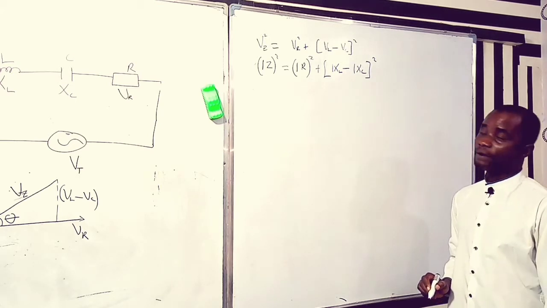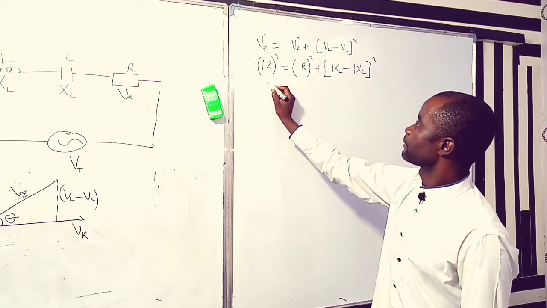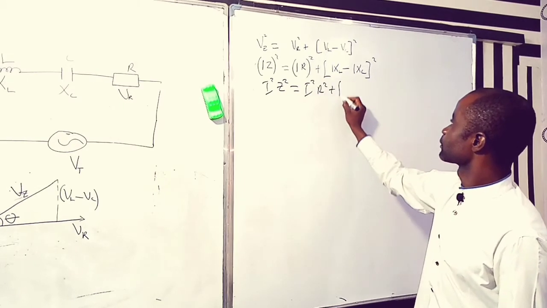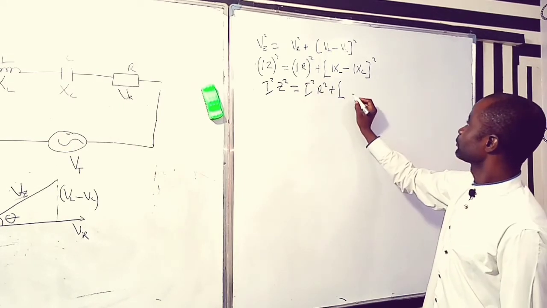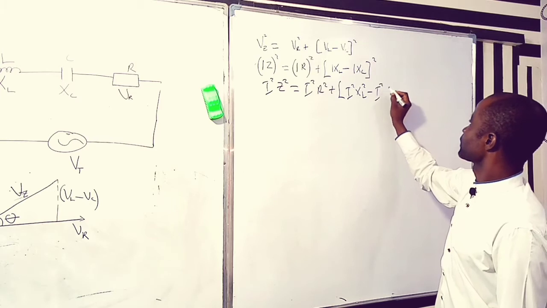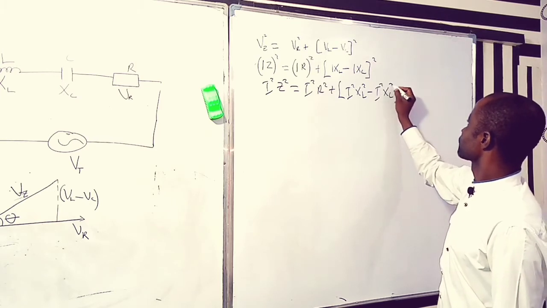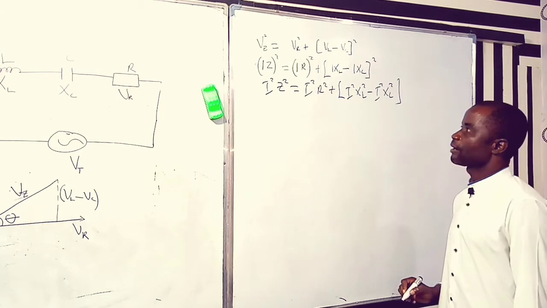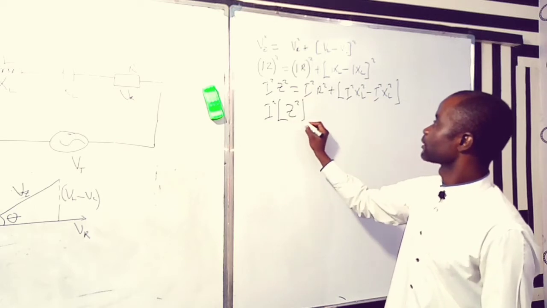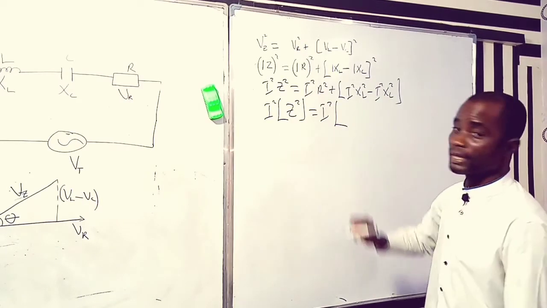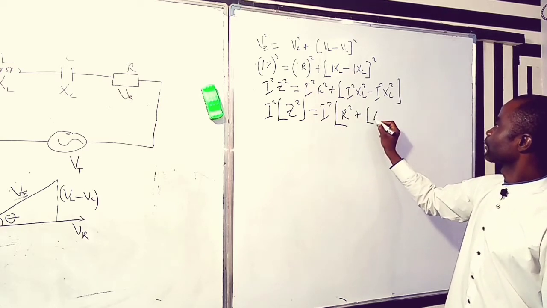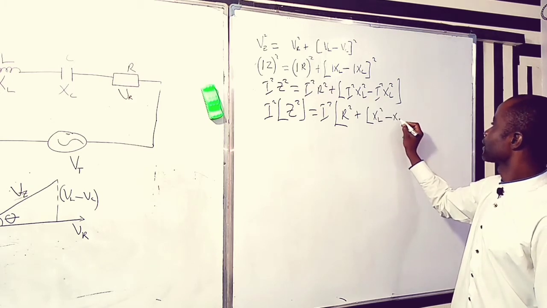Now what's the common factor there? We have current as common, so opening the bracket, I square Z square is equal to I square R square plus I square XL square minus I square XC square. Now current is common to both sides, therefore I square into Z square is equal to I square, open the bracket, we have R square plus XL minus XC square.